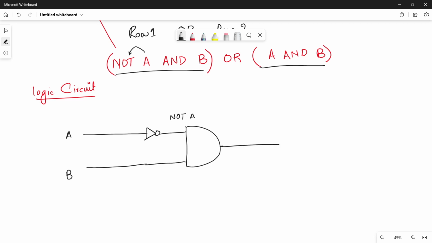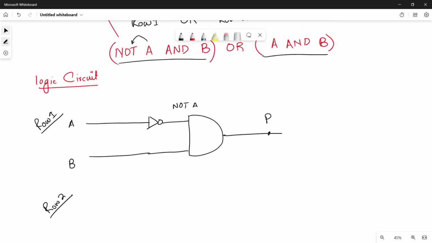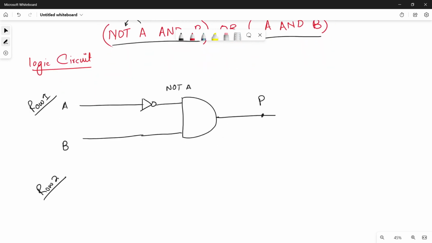Let's say the output is P. Okay, this is done for our row 1. Let's make it for row 2 and then we will combine both of them. For row 2, it is simply A and B, which go directly through an AND gate.